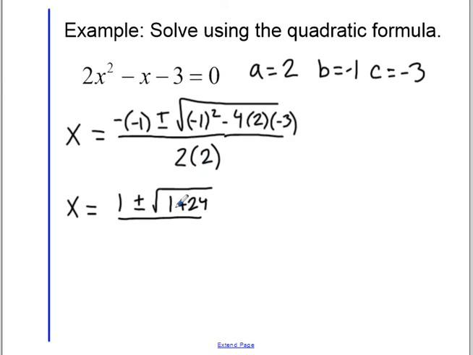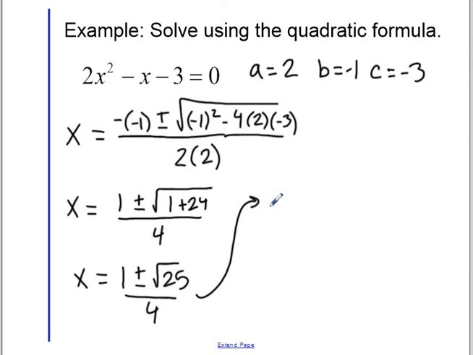And on the bottom, 2 times 2 is 4. I end up with 1 plus or minus the square root of 25, divided by 4. The square root of 25 is 5, so now I have 1 plus or minus 5, divided by 4.